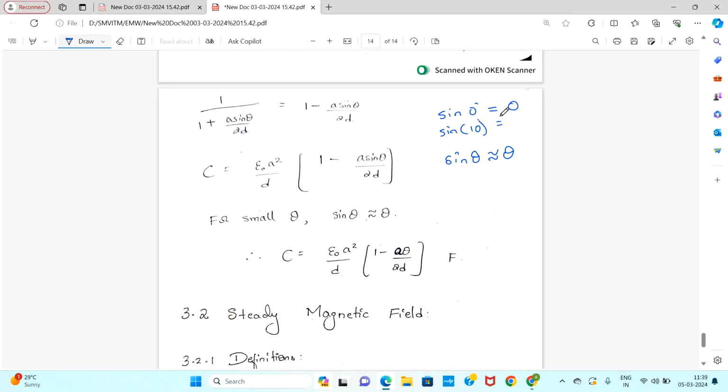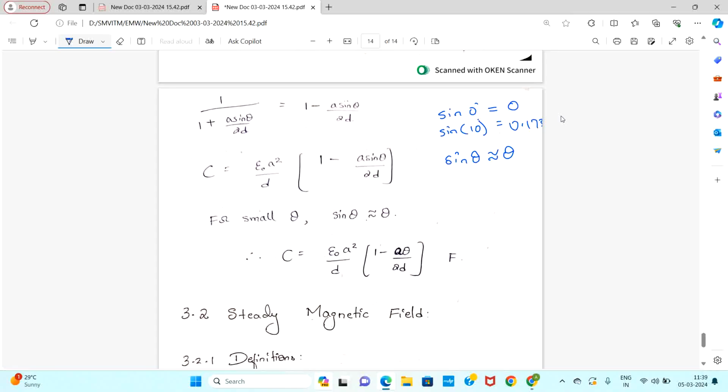Just do it in the calculator, we will find sine of 10 degree is something like 0.1736.